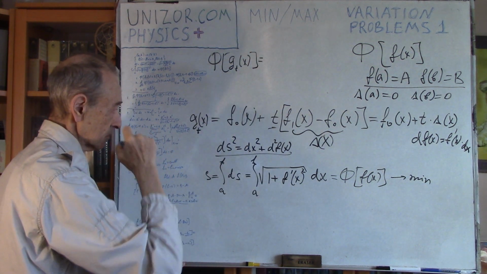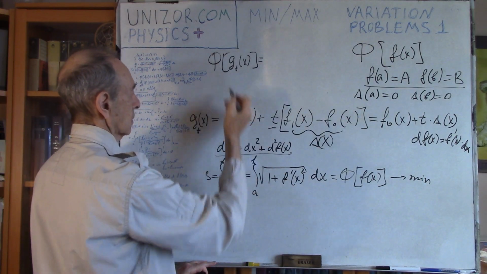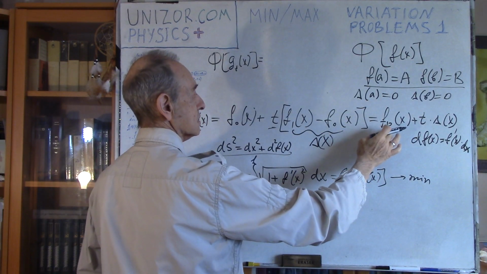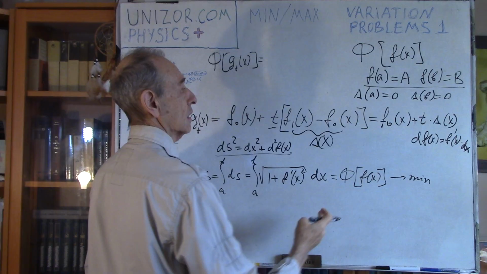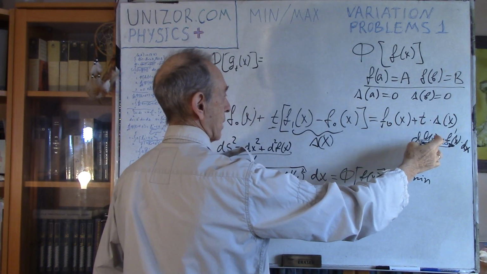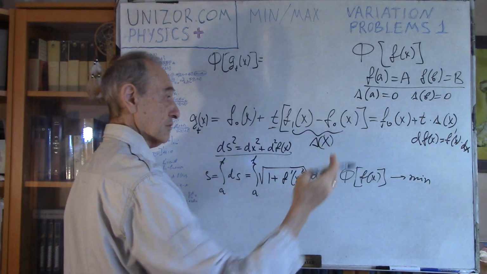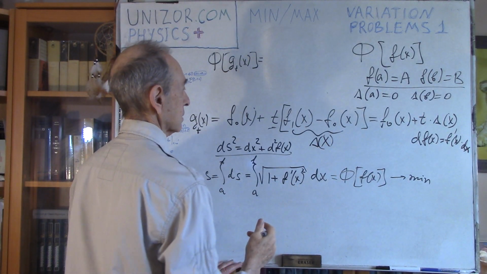What is it equal to? Well, instead of f, we have to put the whole thing, this one. Assuming that f0 is our minimum, which we want to find, t would be a parameter, and delta would be an increment, which eventually we should consider can be anything, any kind of an increment.